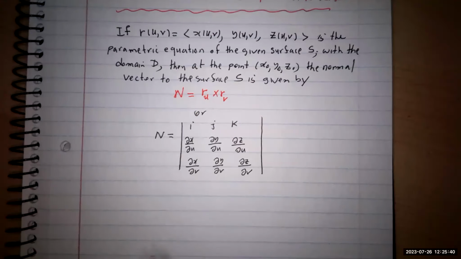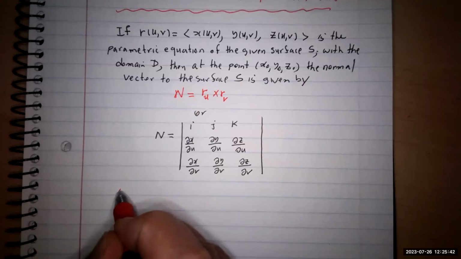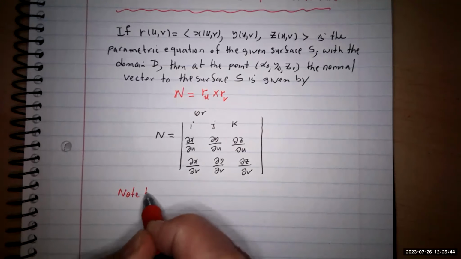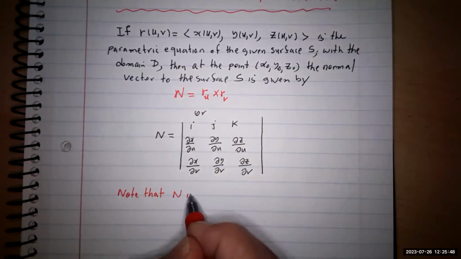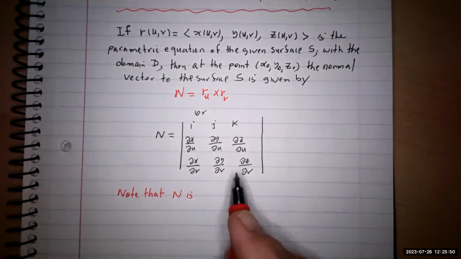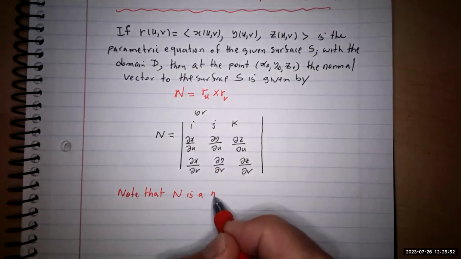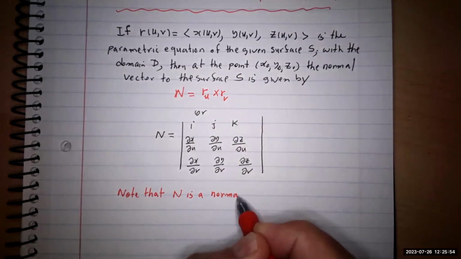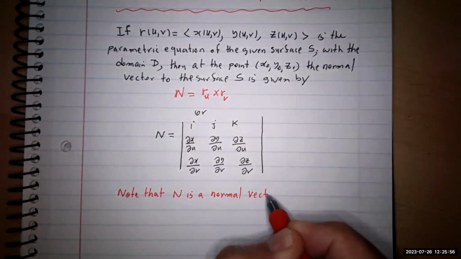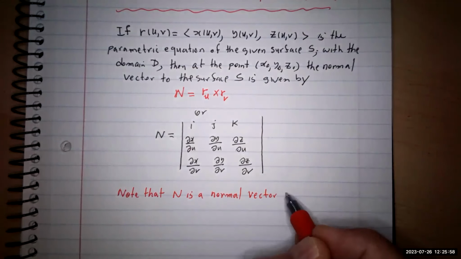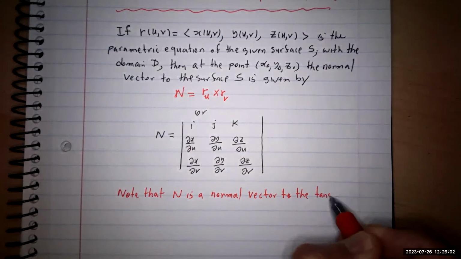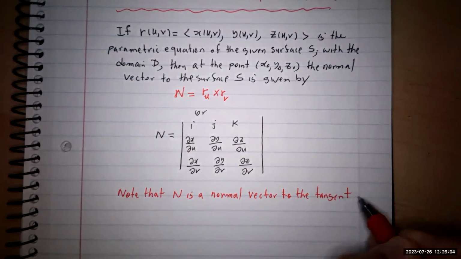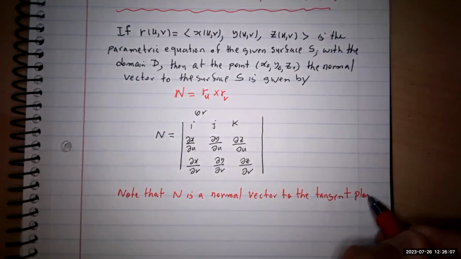Okay, as I talked about, this is important to know. Note that this vector n is perpendicular to both of them, it is a normal vector to the tangent plane as usual.